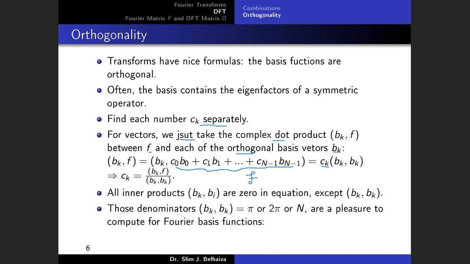So in fact, you could write ck itself as bk dot f divided by bk dot bk. All inner products bk dot bj are 0 in this equation, except the one on the diagonal, bk dot bk. And those denominators are easy. They are either equal to pi, 2 pi, or n. And they are generally a pleasure to compute for Fourier basis functions.